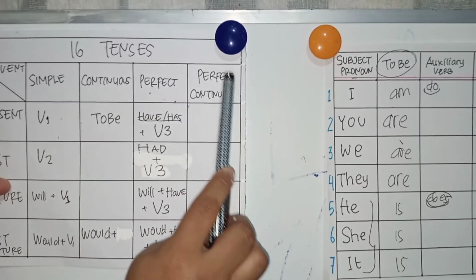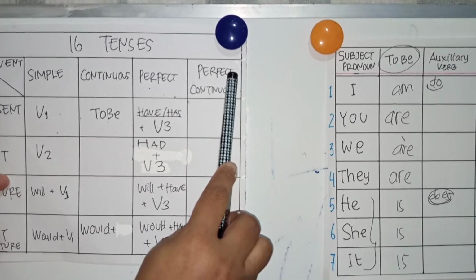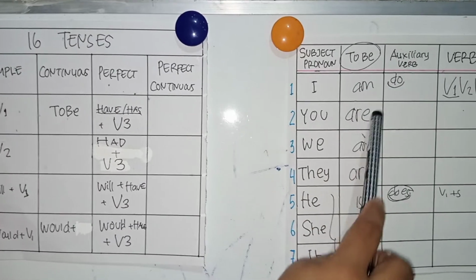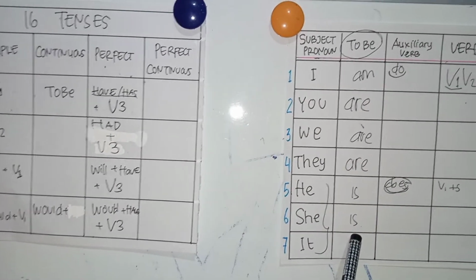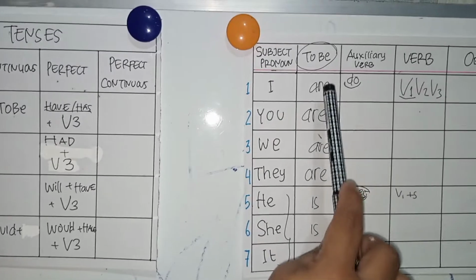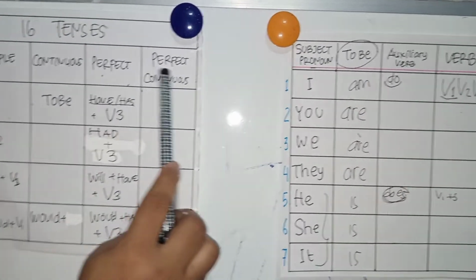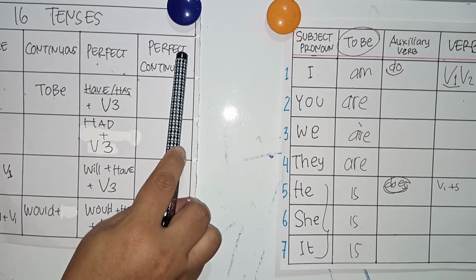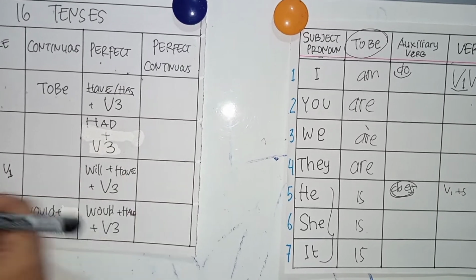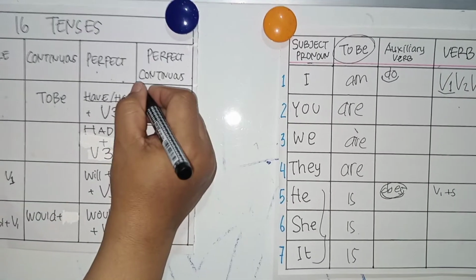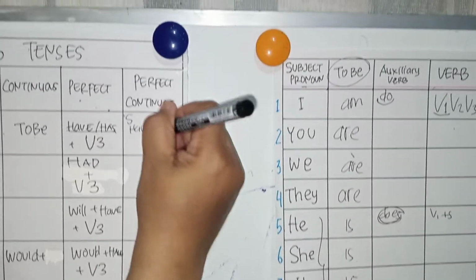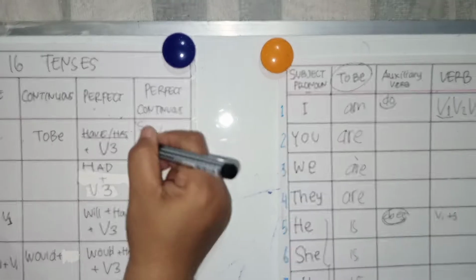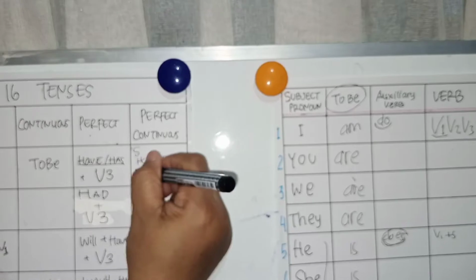To be in the perfect form is been, rather than using this one in the present form, which is am, are, is, and which in the past form will be changing into was, were. In the perfect time, it will be changing into been. So the pattern will be subject followed by have, has, and then followed by been.